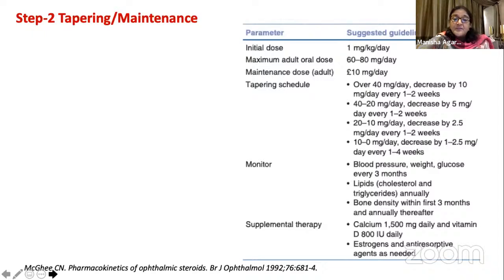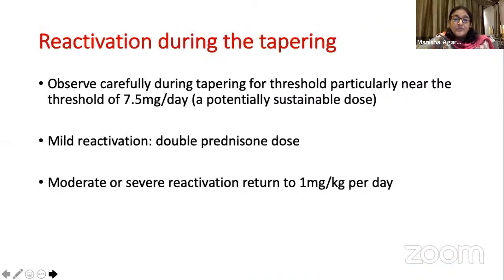Systemic corticosteroids would require supplemental therapy in the form of calcium and vitamin D, and sometimes even hormonal therapy is advocated. When we have a reactivation while we are tapering the corticosteroids, we need to observe carefully during the tapering for a threshold, particularly when we are reaching a dosage of 7.5 mg per day.